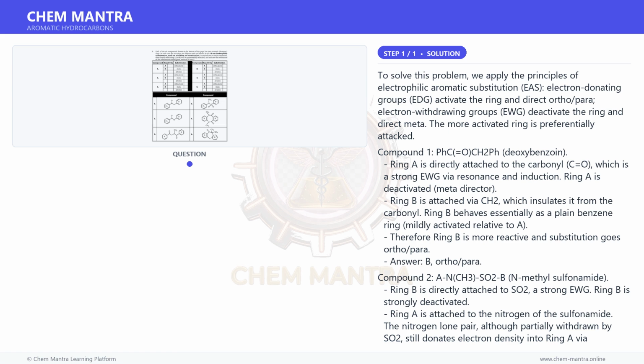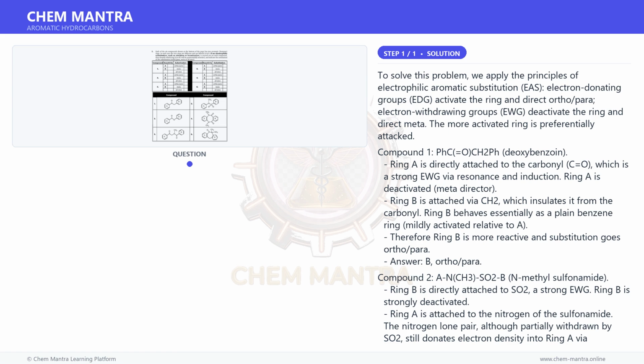Due to the symmetry of the molecule, both rings experience similar electronic environments and competing EDG-EWG effects. All positions on both rings are approximately equally reactive. The net activation from the nitrogen lone pairs means both rings react at all positions. The answer given is ring A, all positions.